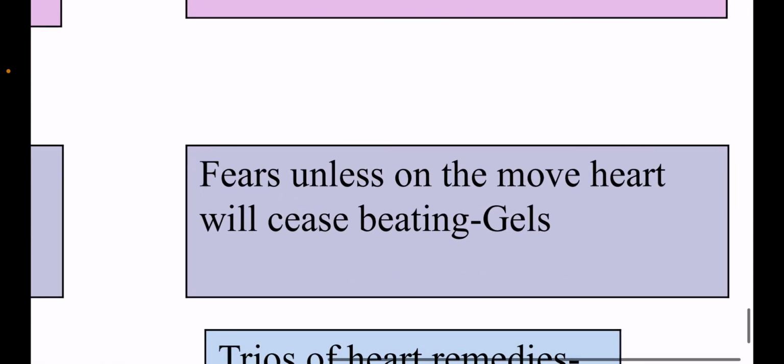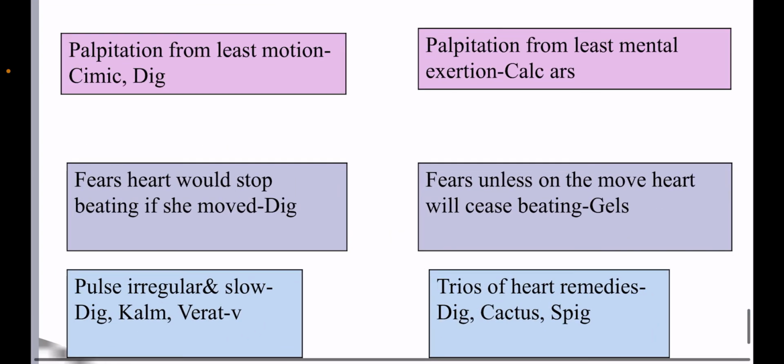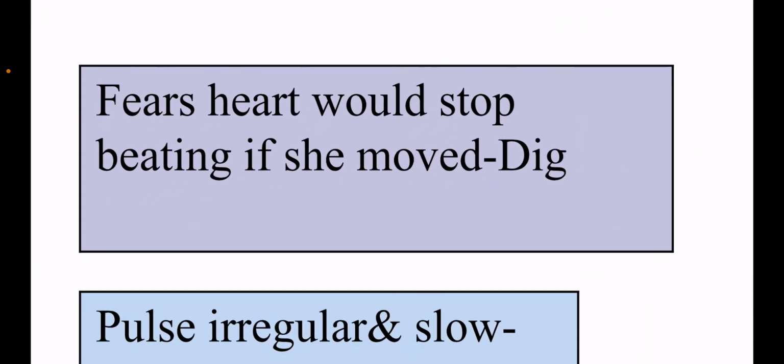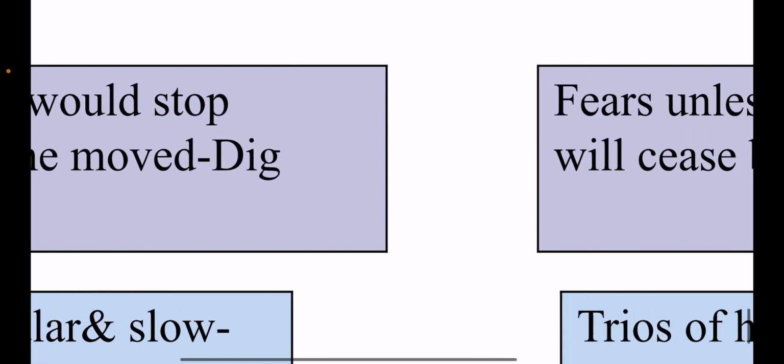Fears unless on the move, heart would cease beating. So guys, this comparison I have already told you, Digitalis and Gelsemium. Here it is clearly told that he fears the heart would stop beating if he moved. So aggravation from motion; if he moves his heart is going to stop. This is what the Digitalis patient says.